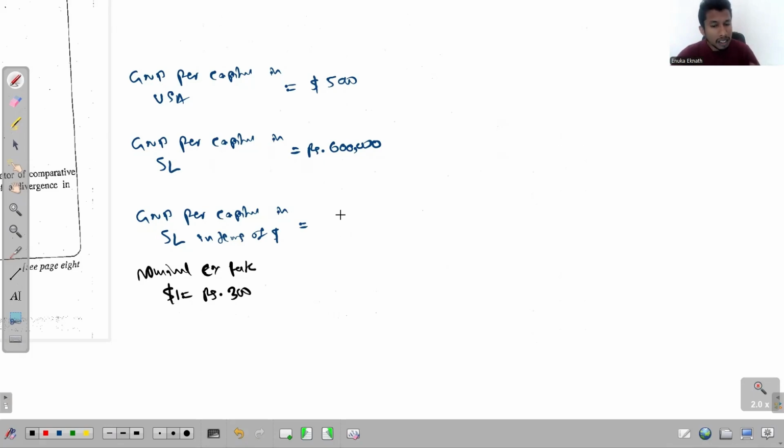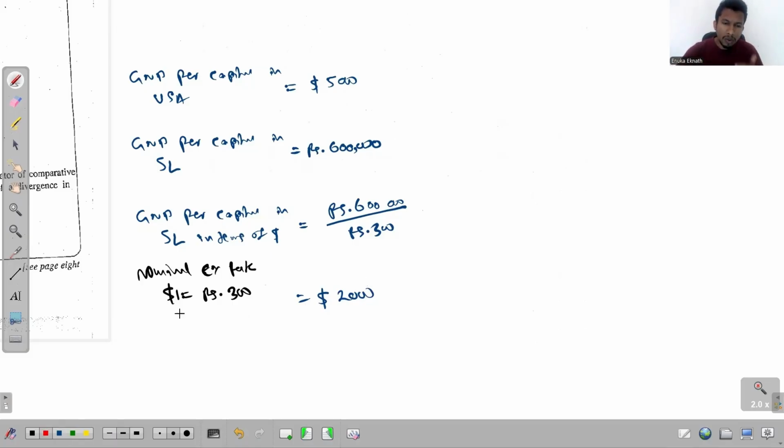So how do I convert this now? I take rupees 600,000 and divide it by the nominal exchange rate, which is rupees 300. Then I get that value in dollars, which here is 2,000. Now I can make comparisons.